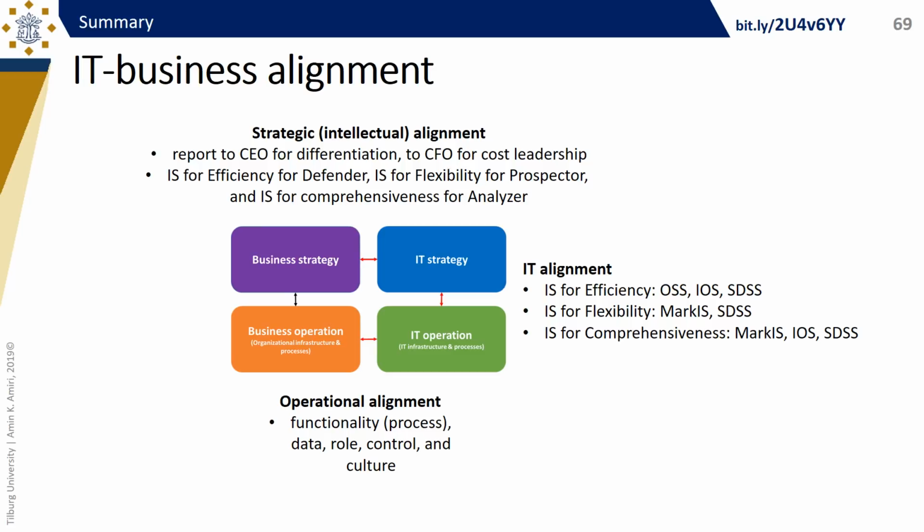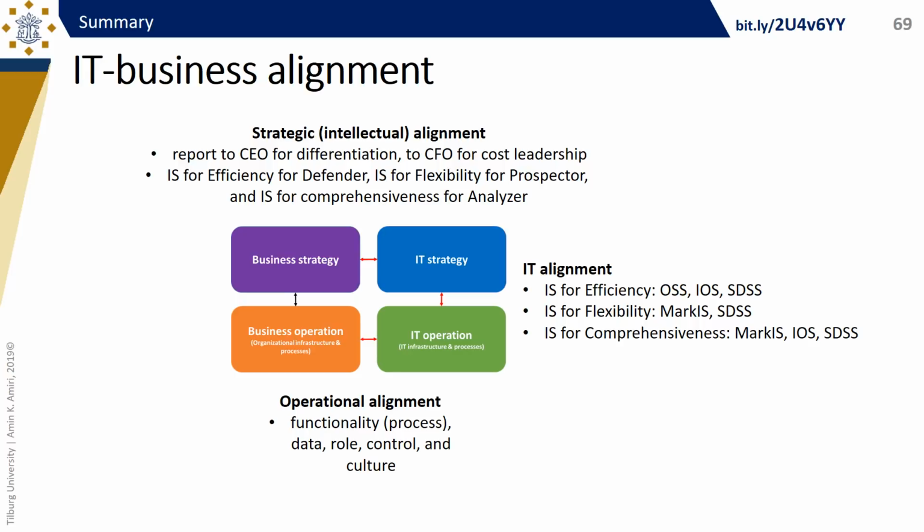We also learned that a defender needs to follow an IS strategy of IS for efficiency, while a prospector would have a strategic alignment if it follows the strategy of IS for flexibility. We also noticed that there are good reasons that analyzers follow IS for comprehensiveness.